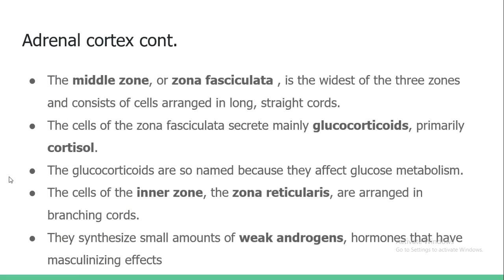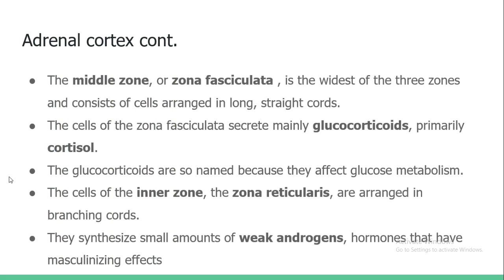The middle zone, or zona fasciculata, is the widest of the 3 zones and consists of cells arranged in long straight cords. The cells of the zona fasciculata secrete mainly glucocorticoids, primarily cortisol.